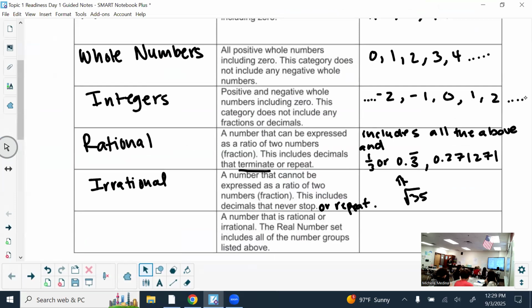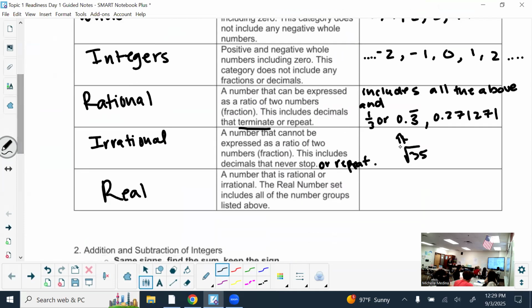For our last category, that's going to be our real numbers, which includes all of the above, even rational and irrational. In Algebra 3-4, you will learn about imaginary numbers.